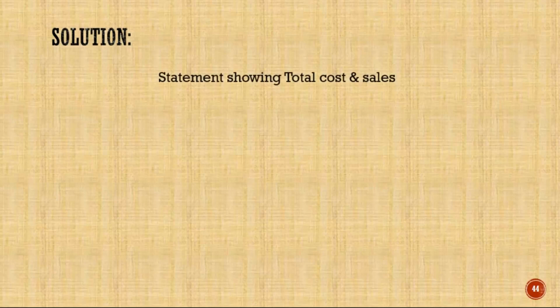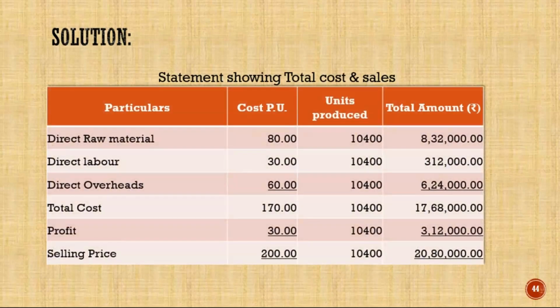So let us start with the calculation, preparing that particular statement. On the top, we will write statement showing total cost and sales. See, this is a base for our calculation of requirement of various components of current asset and current liability. So that is why it needs to be prepared first. In the same manner, we have prepared this. You can see here the same columns, particulars, cost per unit, the given information, units produced, it is also with us.